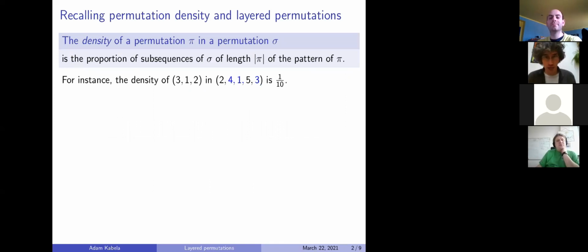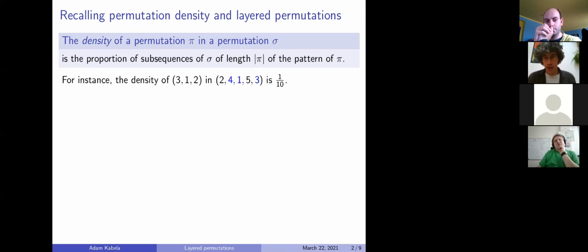For starters, I should recall the concepts used throughout the talk. Here is how you think of permutation density. Think of the permutation written here, the permutation 2, 4, 1, 5, 3, and think of substrings of length 3.